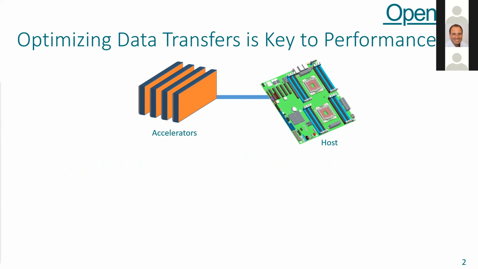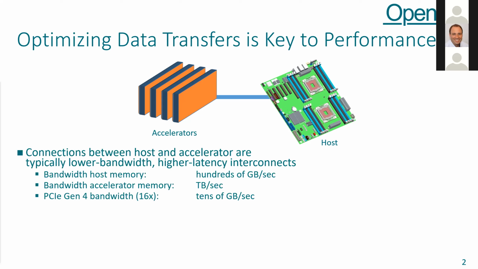Okay, so you've seen this picture earlier in the fourth webinar. We have the host, we have an attached accelerator or many of those, and then there is some communication link in between the host and, in our case, the GPUs. Now, the typical thing that happens is when you look at the different bandwidths that are available.